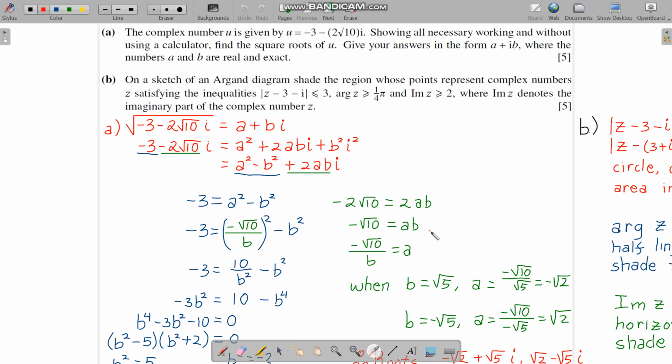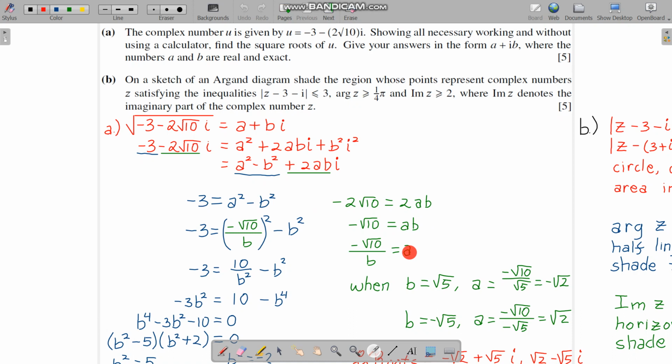This video is about complex number past paper questions. Number 1, the complex number u is given by u equals minus 3 minus 2 root 10 i. We need to find the square root. So we call it a plus bi, square both sides, equate the real part and the imaginary part, and we have two equations in two variables.